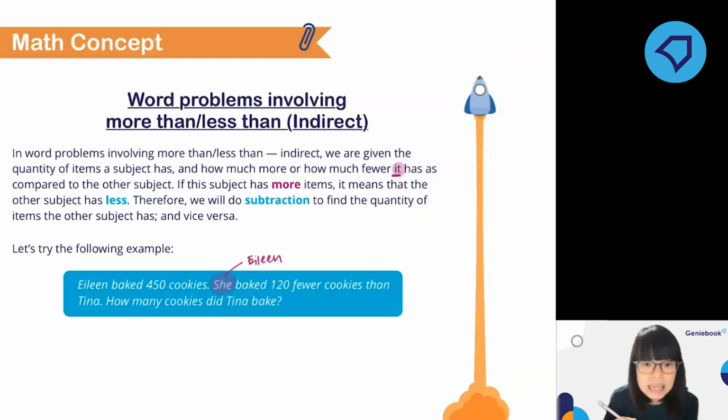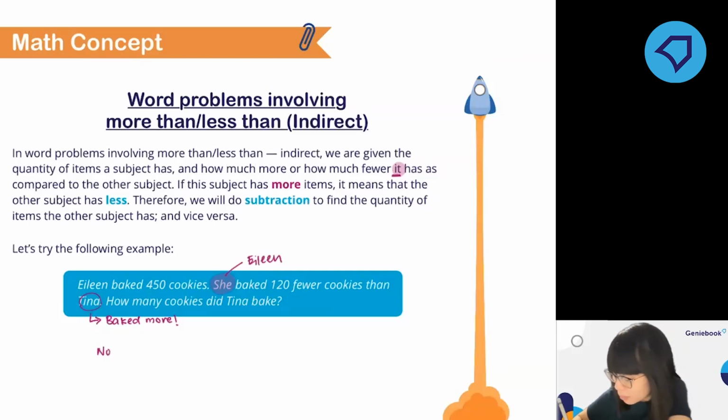So now Eileen baked fewer than Tina. If Eileen baked fewer than Tina, does Tina bake more or less? More. So Tina actually baked more. If Tina were to bake more, do you need to do addition or subtraction? Addition. Excellent job.